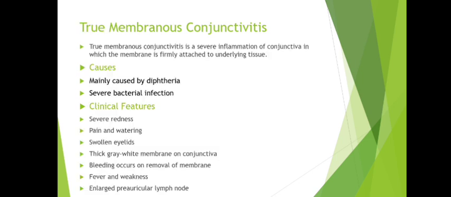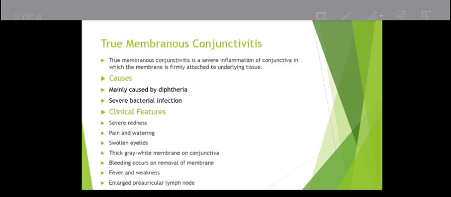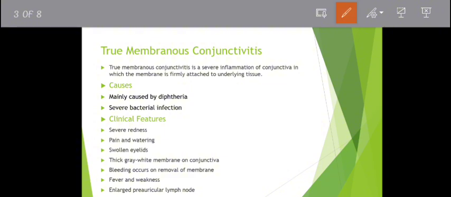True membranous conjunctivitis is a severe inflammation of the conjunctiva in which the membrane is firmly attached to the underlying tissue.